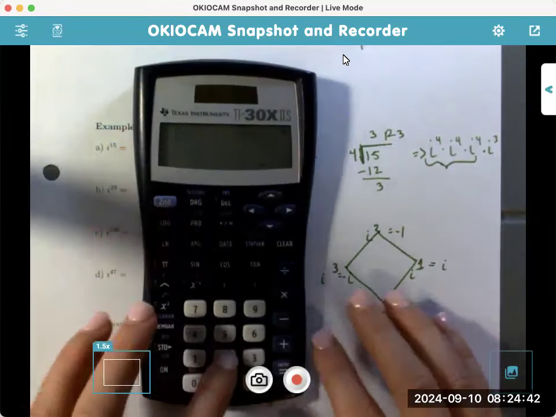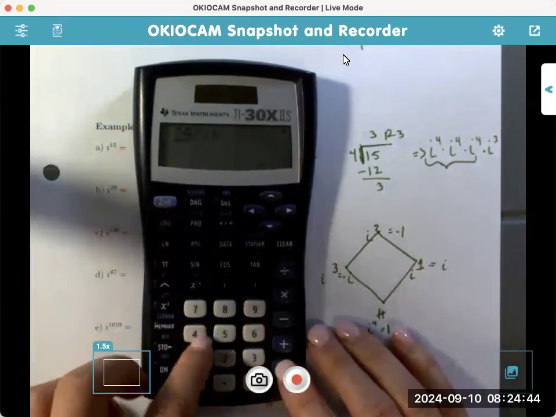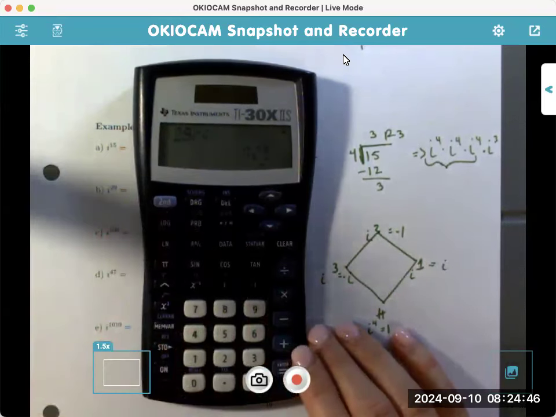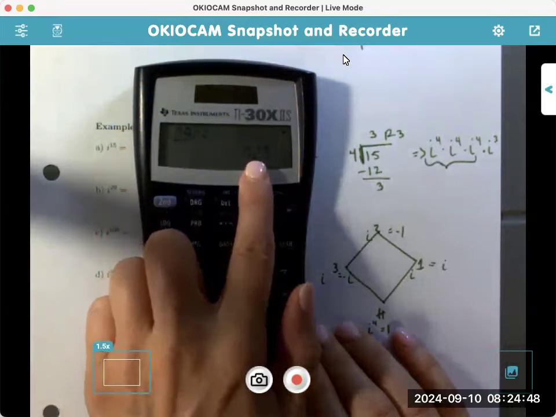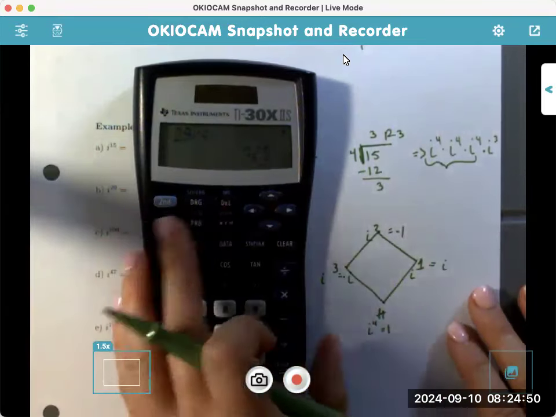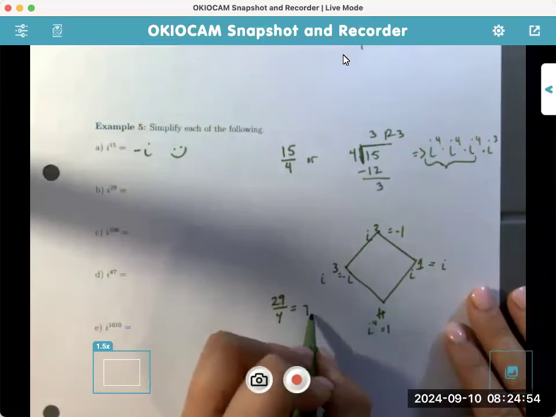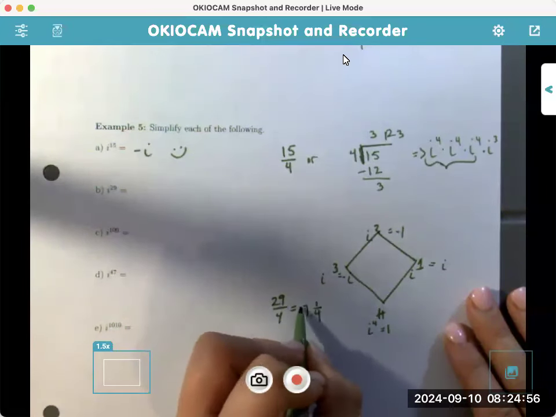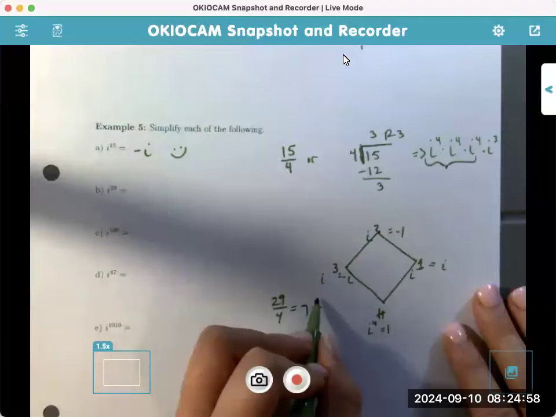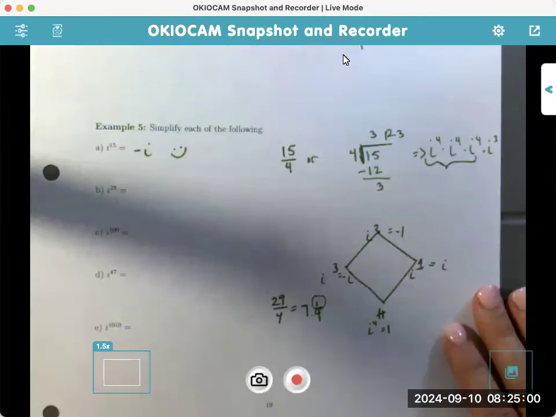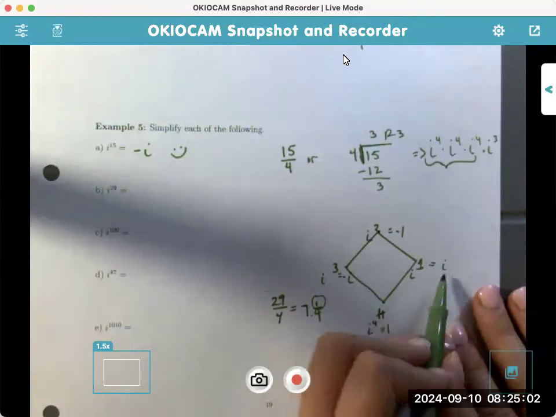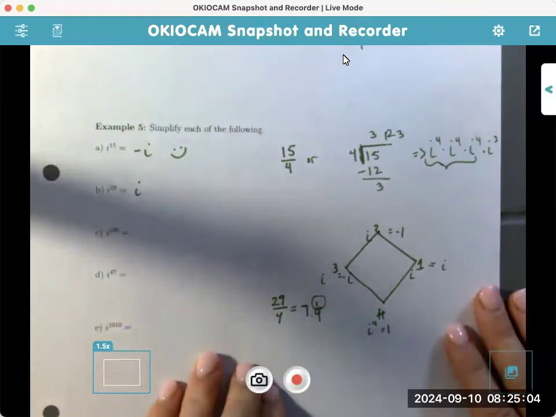Yeah, hopefully. 29 divided by 4. Okay, that is 7.25. So .25, that's 1/4. So that is 7 and 1/4. That means there is one i left over. So that would just be i.